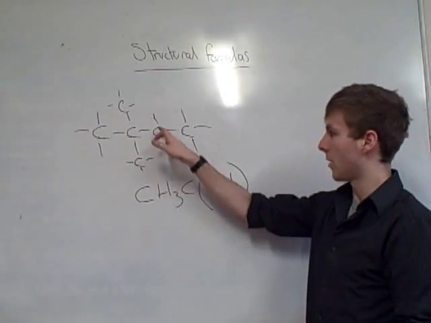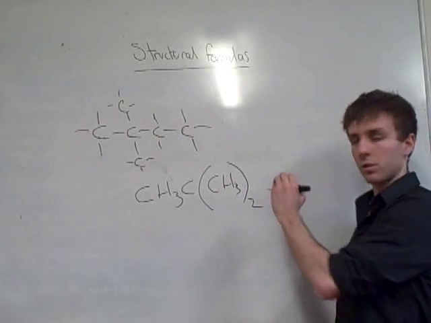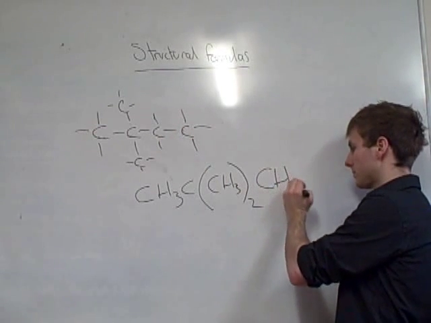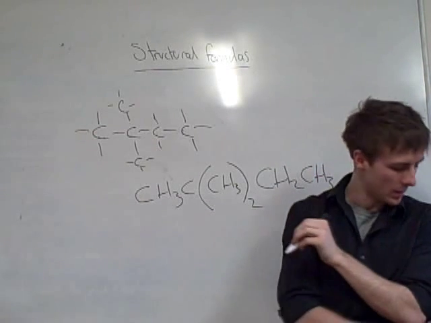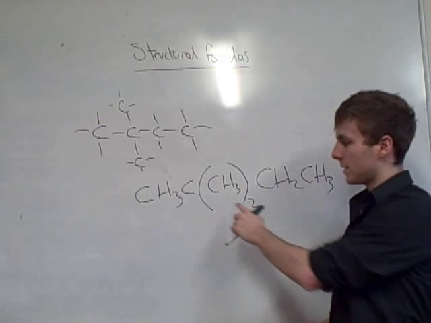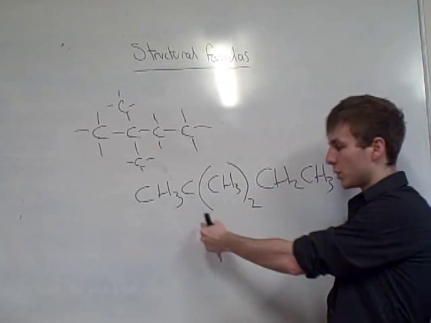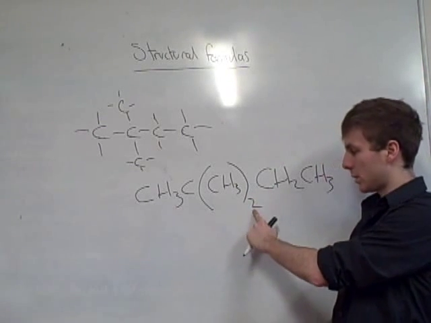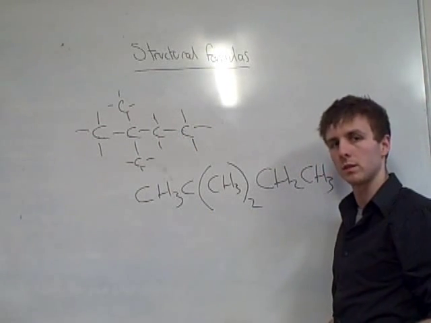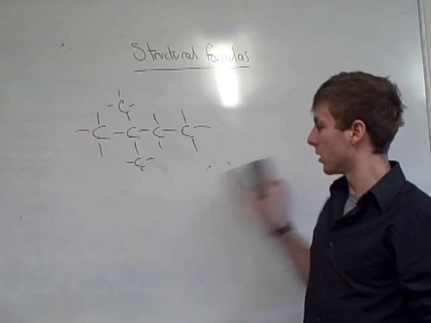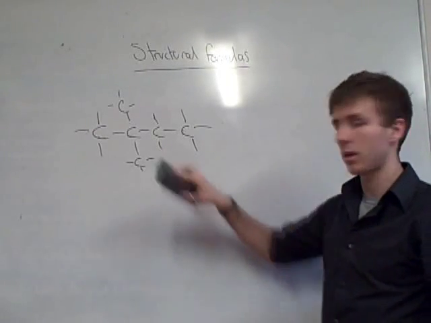And then moving on, I've got my CH2 and my CH3. So it would look like that. Okay? Don't get confused, this is not an ethyl group, this isn't a 2-carbon chain, this is 2 1-carbon chains. 2 1-carbon chains. I'm going to do an example now of a 2-carbon chain or an ethyl chain.